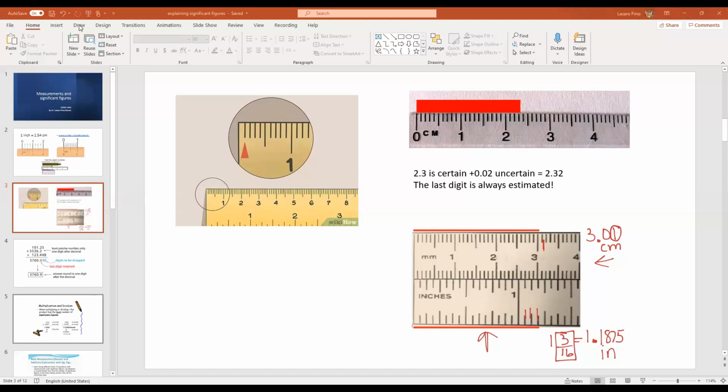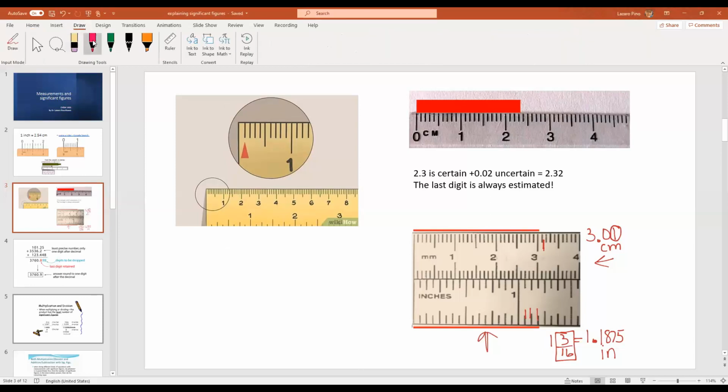When I asked you about the ratio, it was in order that you tell me, for example, the ratio between 2.45 centimeters and 1 inch is 2.45.